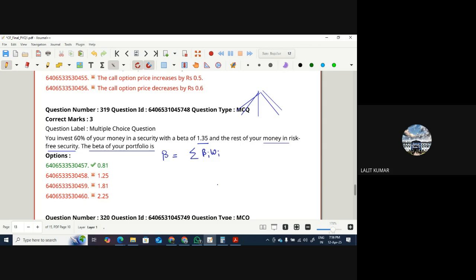Beta i is 1.35 with weight 0.6, and 0.4 is the risk-free security, so its beta is 0. So the answer will become 0.81.